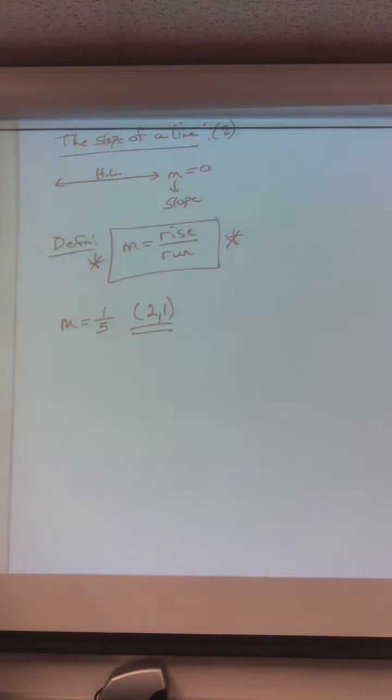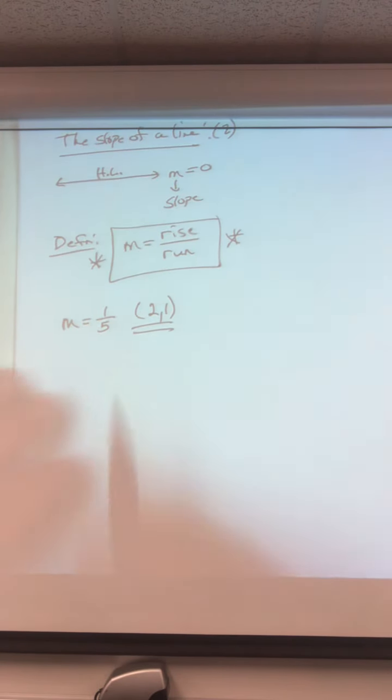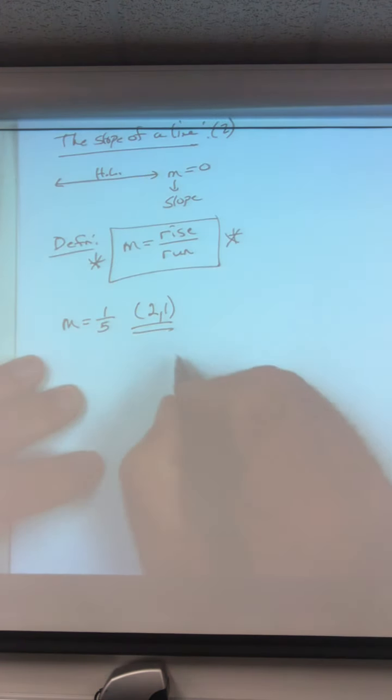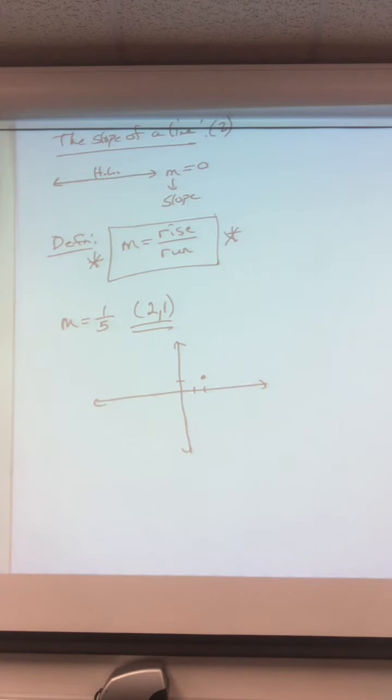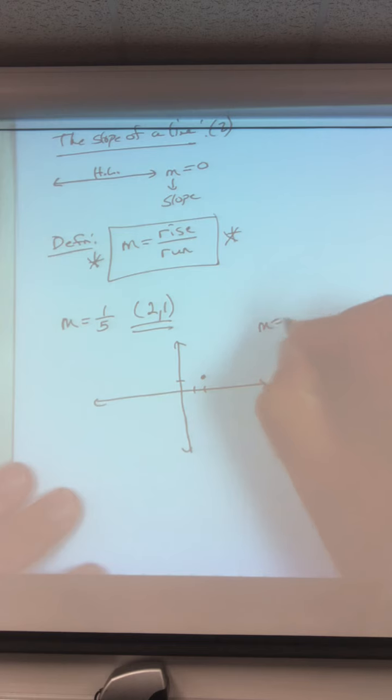All right, so let me show you what a line that has a slope of 1/5 would look like. If I draw this line, and I plot the point 2, 1, that would be 2 to the right and up 1, right there. So there's my starting point. Now, if the slope is 1/5, slope is defined to be rise over run.